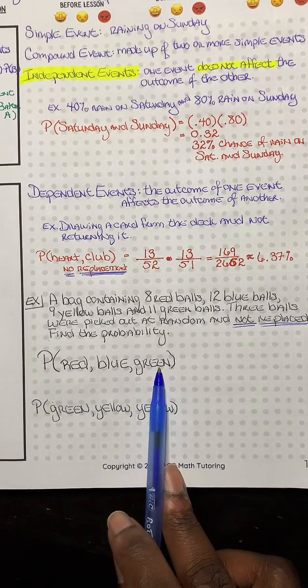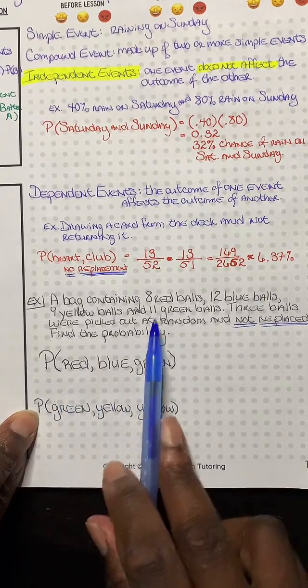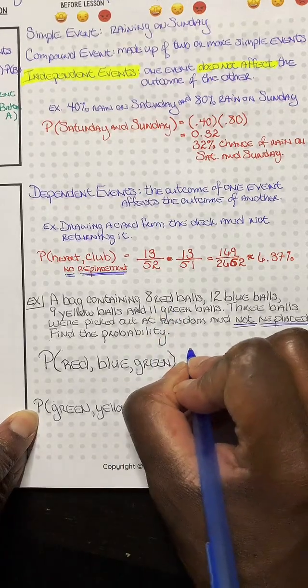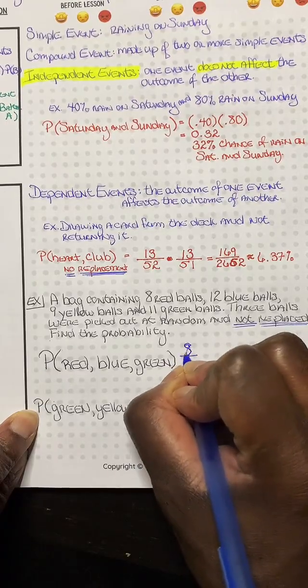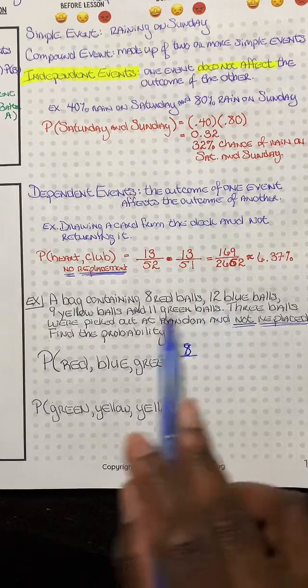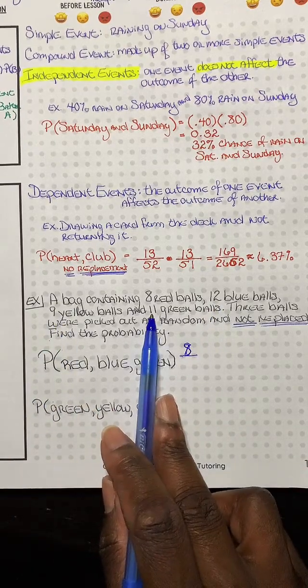So we want to know the probability of getting a red. We have 8 red balls, so it's going to be 8 out of the total number of balls. We have 8 and 12, so that's 20, plus 9 and 11, that's 20.